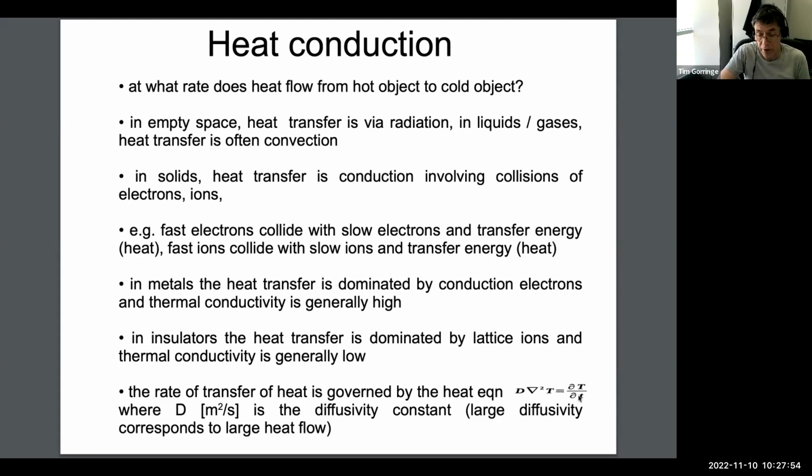And it incorporates a constant, a coefficient between the time and space derivatives. It's called the diffusion constant. I've given it the symbol D here. And that diffusion constant sort of sets the scale for heat transfer. If that diffusion constant is large, then heat transfer is rapid. If that diffusion constant is small, then heat transfer is slow. If that diffusion constant was 0, then there would be no heat transfer.